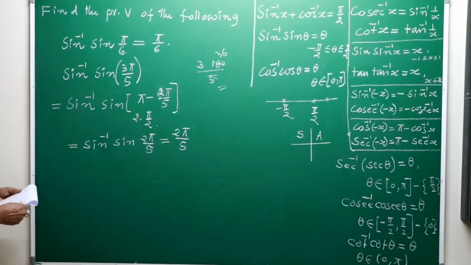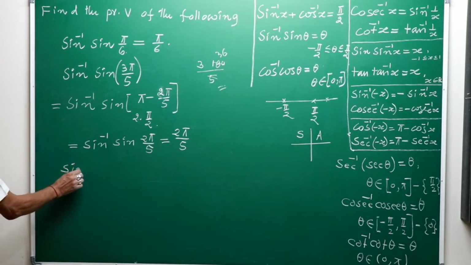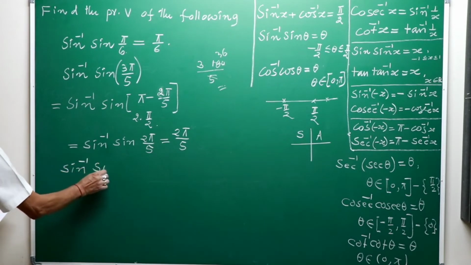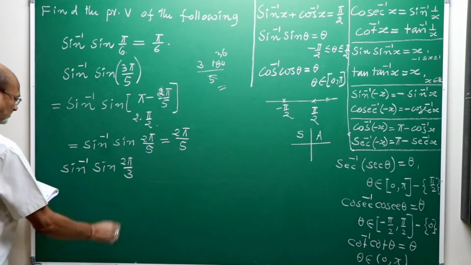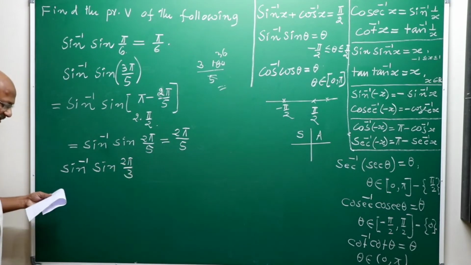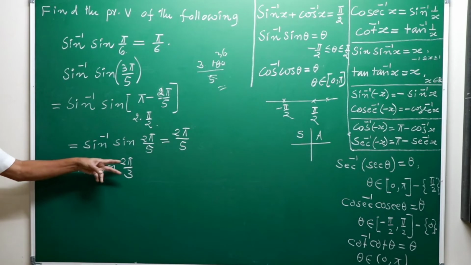Yes, my friends. Next is sine inverse of sine 2 pi by 3. Tell, friend, what is pi by 3? 60. 60 into 2, 120.